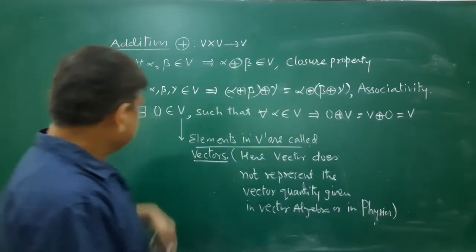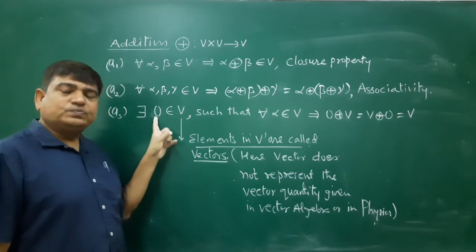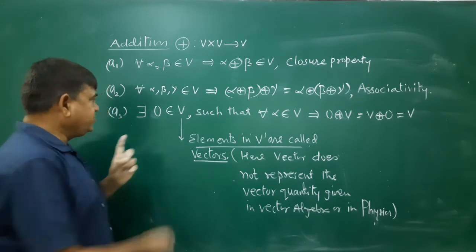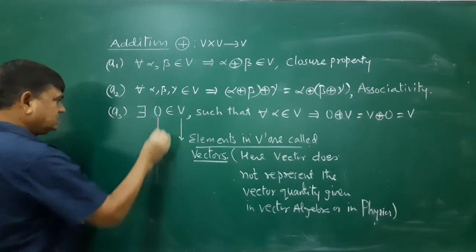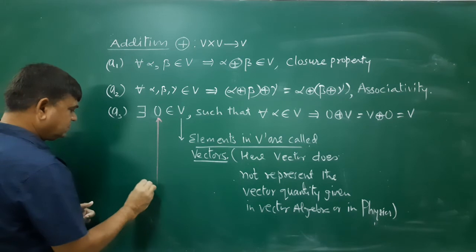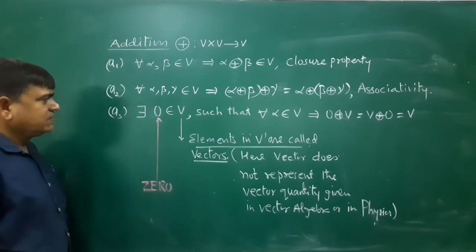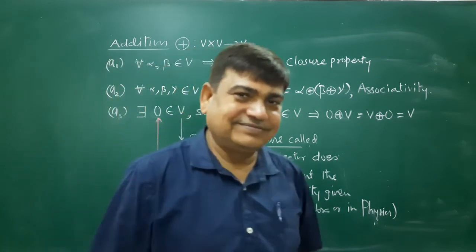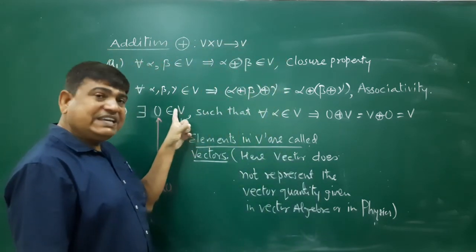Okay, so look at this. This is 0. It looks 0. But what is the name of the element of V?